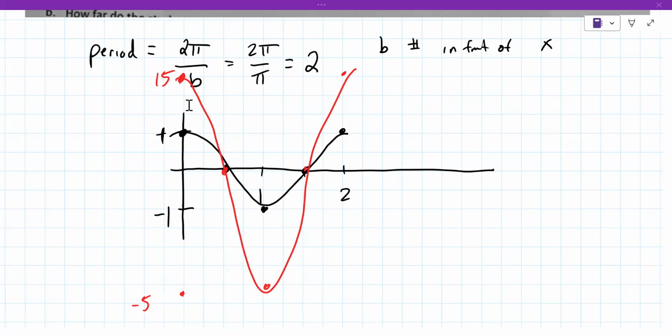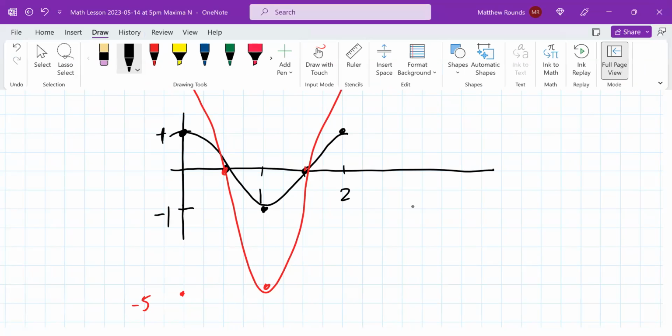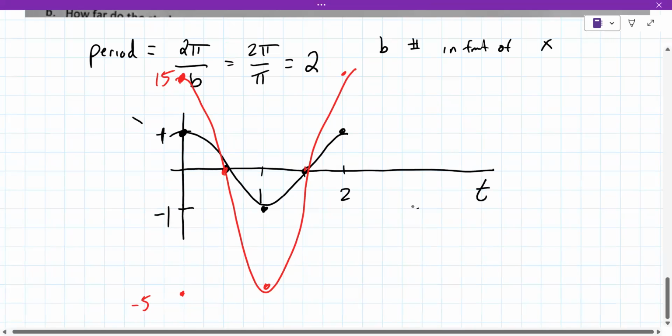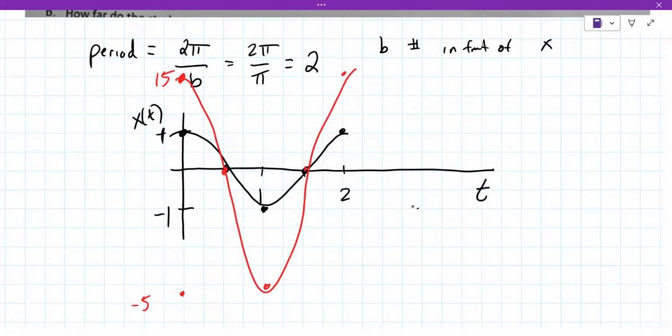No, I understand. I just don't know if I need to add numbers where the dots are. Yeah, that's a good question. We can label those. This is 1, -15. This is 2, 15.